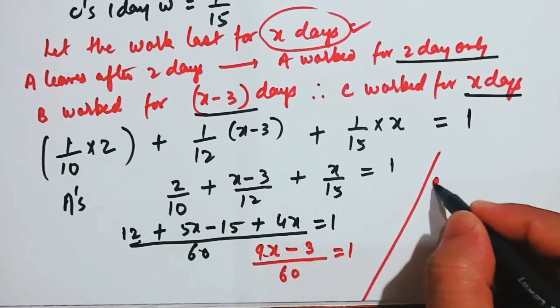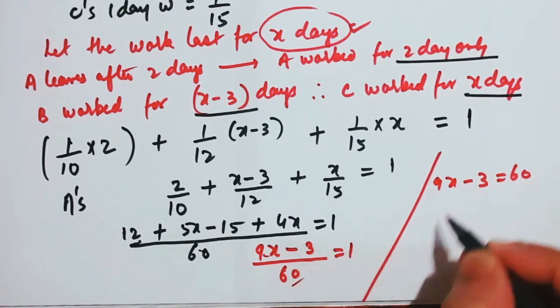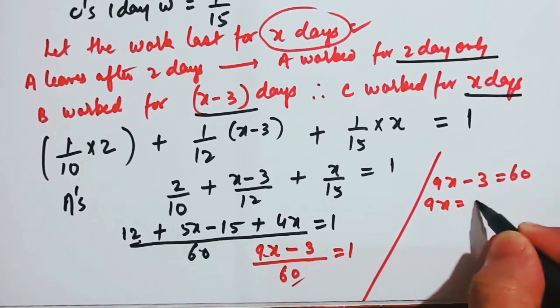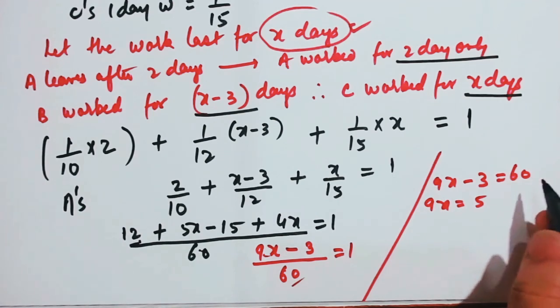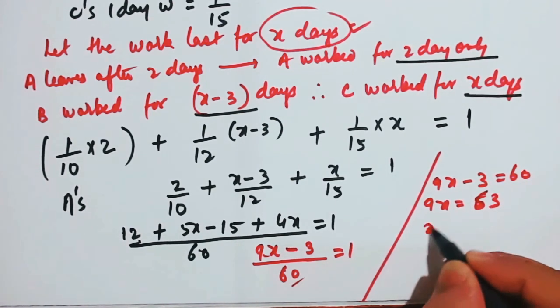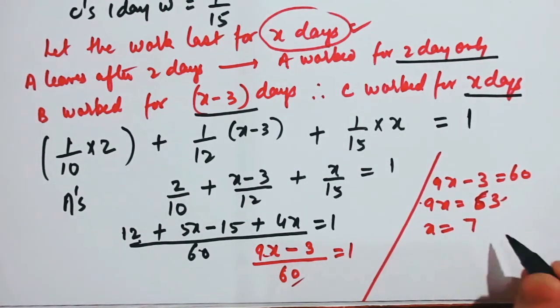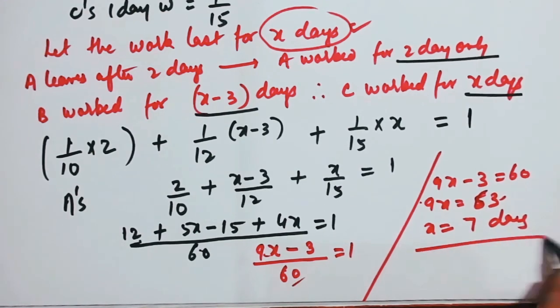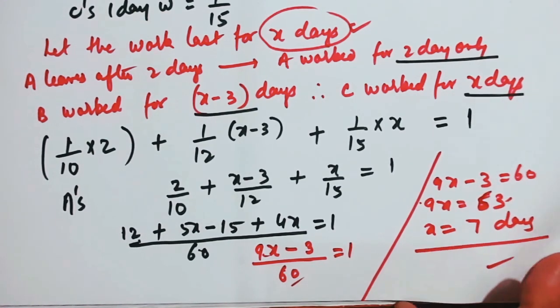Therefore 9x minus 3 is equal to 60 on cross multiplication. 9x will be equal to 60 plus 3, which is 63. So x will be equal to 63 by 9, which is 7. So the entire work took 7 days to complete.